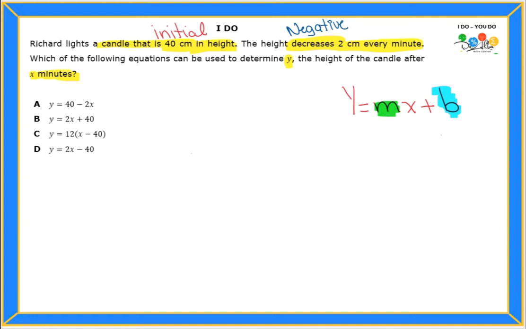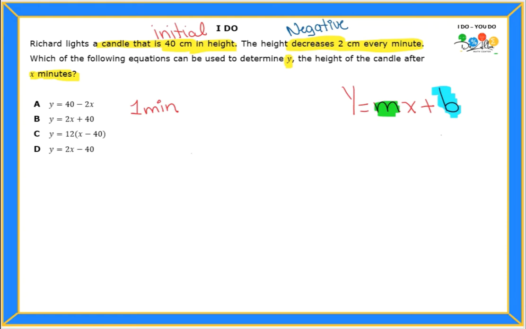What if I pretend that I'm going to work out the question? For example, what's going to happen after 1 minute? Is the height of the candle still going to be 40? I hope you say no, it's not going to be 40. It's going to be 38, because 40 minus 2 gives me 38. In 1 minute, it's going to decrease 2 centimeters, which means 40 minus 2.